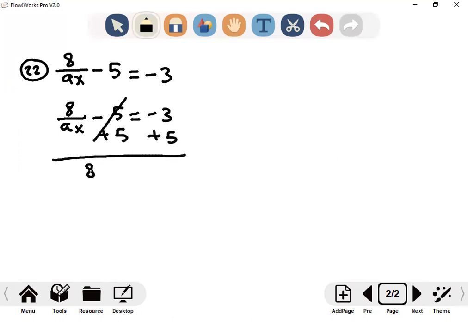These are done. Still 8 over ax equals negative 3 plus 5. Now, we said we can use cross product or we can multiply by the divisor. What is the divisor here? Ax. Or you can make cross product. 8 multiplied by 1, and ax multiplied by 2. Solve for x means I want the value of x alone.